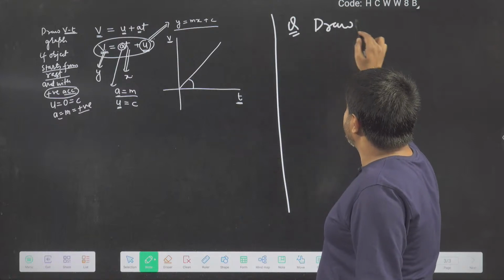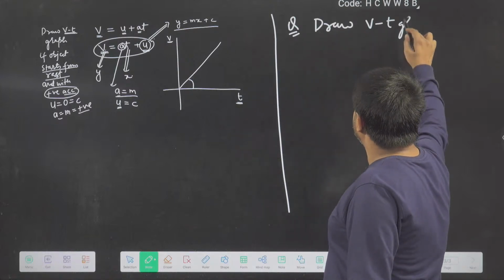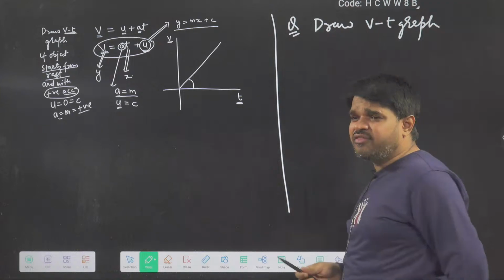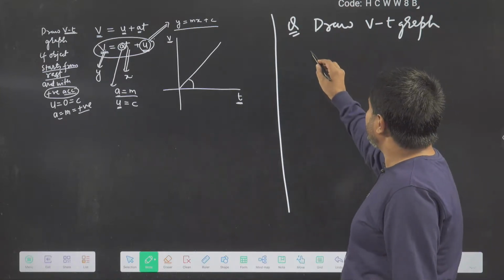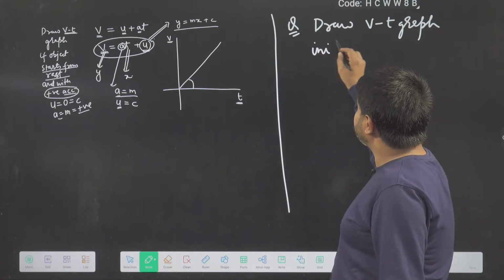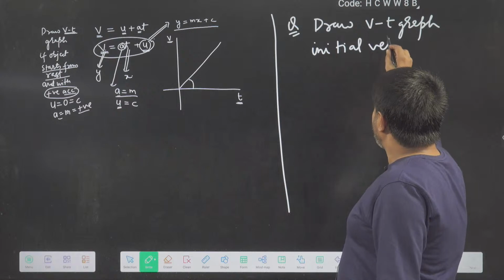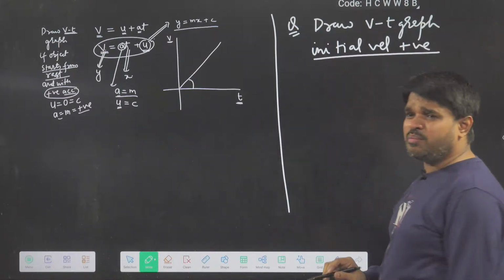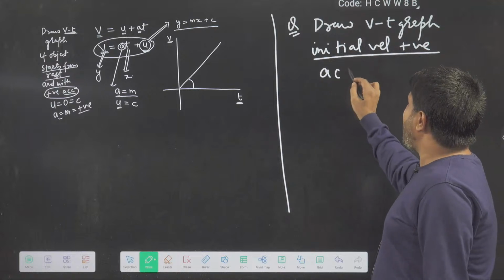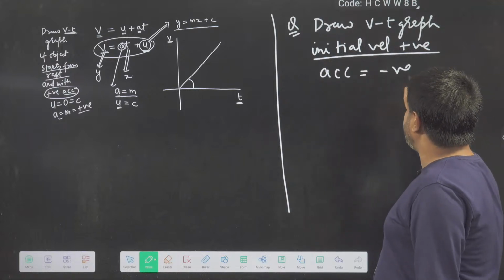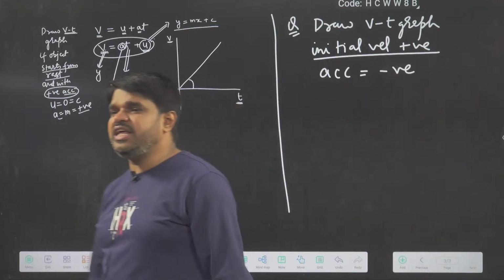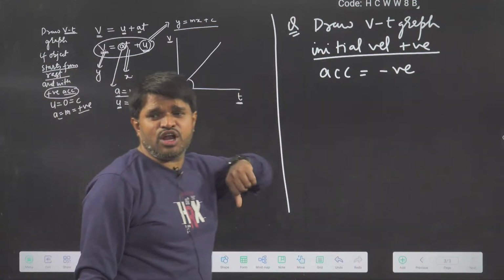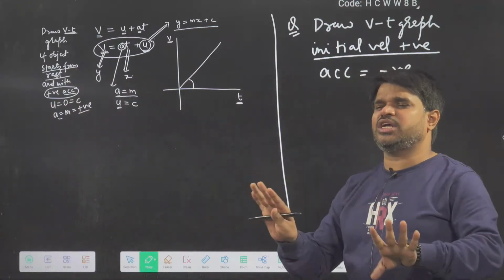Draw the VT graph if the initial velocity is positive and acceleration is negative.